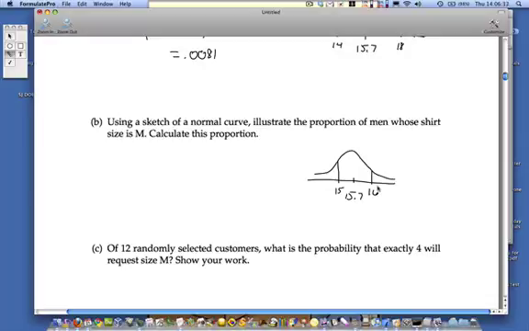And guys, what they look at on the AP test is that you're drawing your picture appropriately. If you put 15 and 16 over here, you're going to get it wrong. 15 can't be to the right of 15.7. So your picture has to be in the right context.